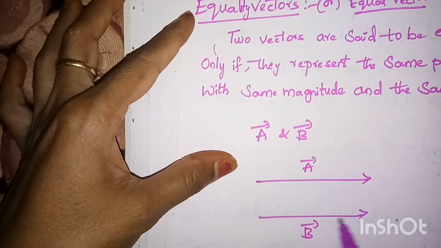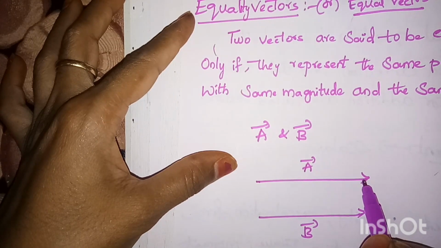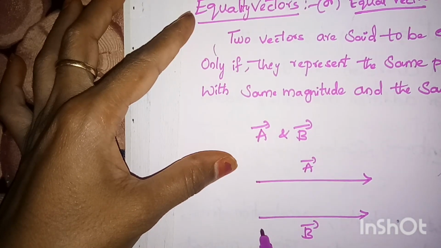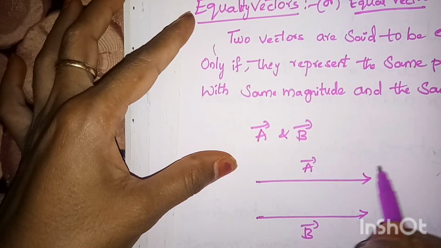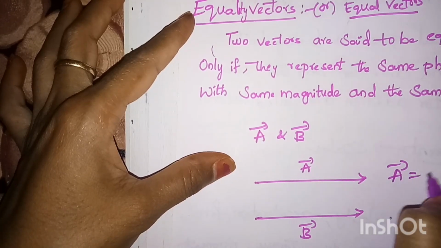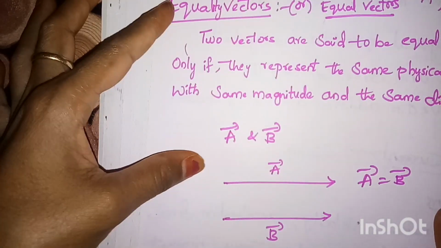The line represents magnitude and the arrow mark represents direction. They start from the same point and move in the same direction, so these can be said to be equality vectors. These vectors are equal vectors.